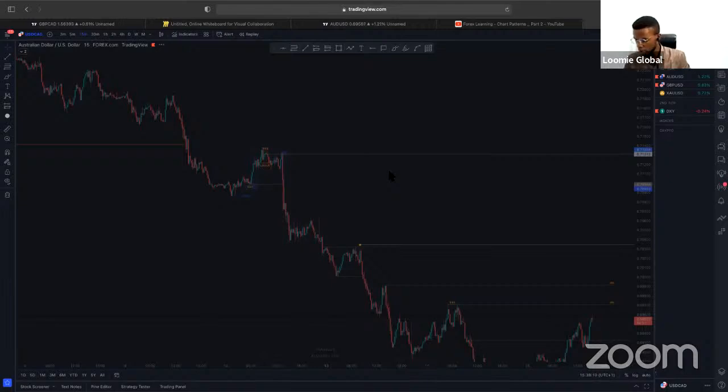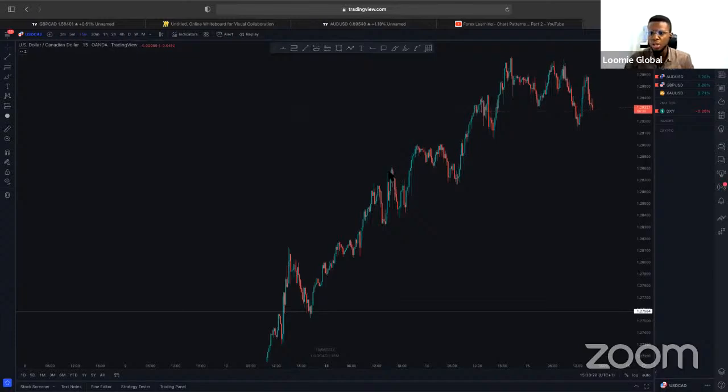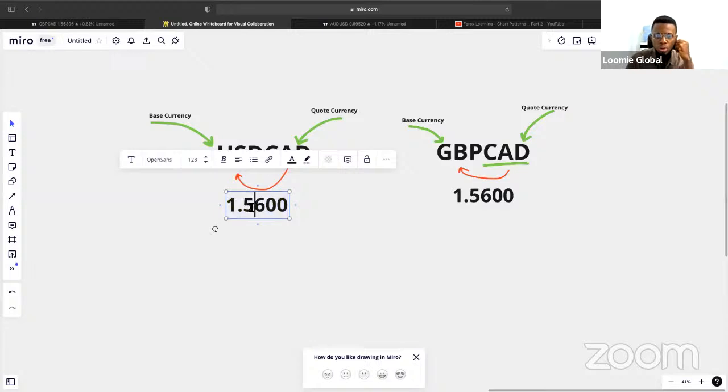The chart is taking a while to load. 1.29-ish, that is the range. That is the area where USD CAD is around right now. So USD CAD 1.29.